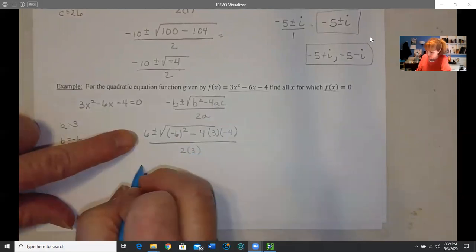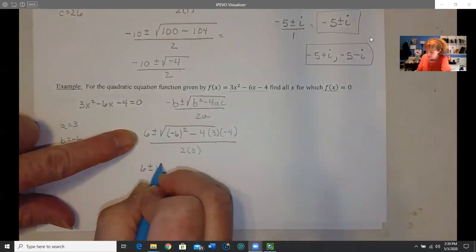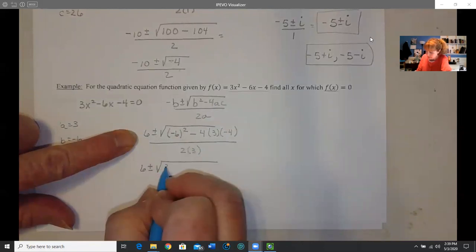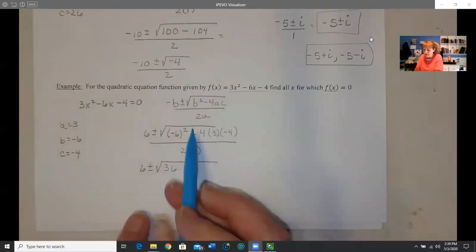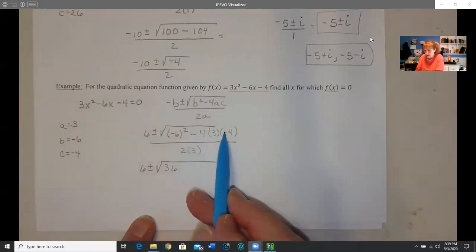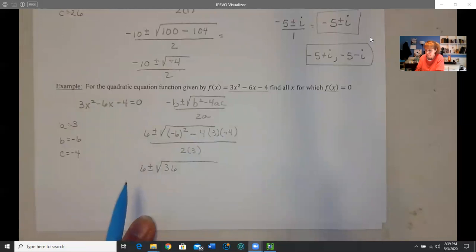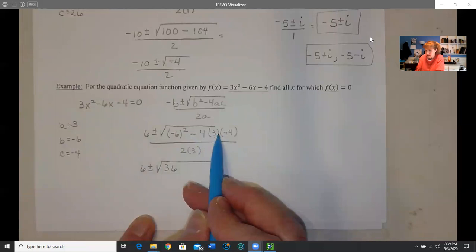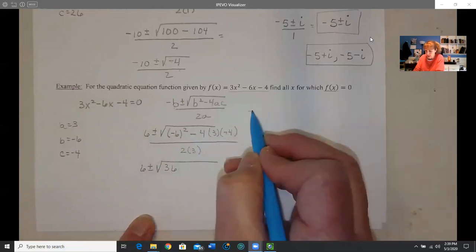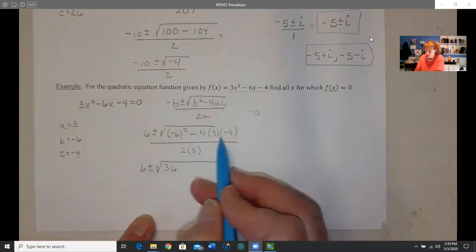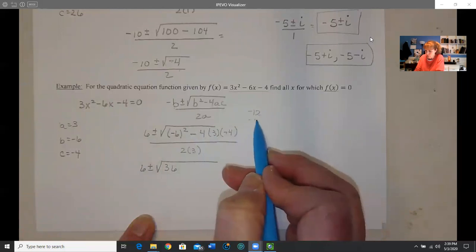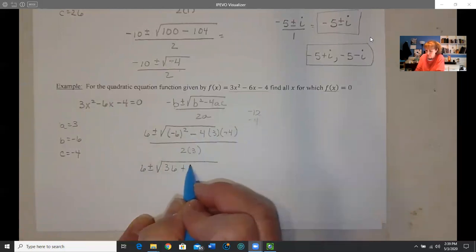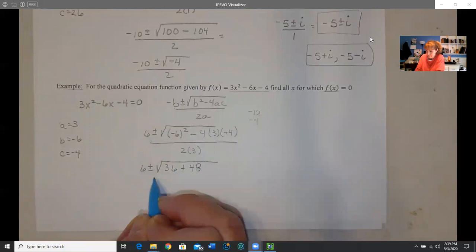So we have 6 plus or minus the square root of 36. This negative and this negative is going to make this a plus. If we take a minus 4 times 3, we get a minus 12. A minus 12 times a negative 4 is a positive 48.